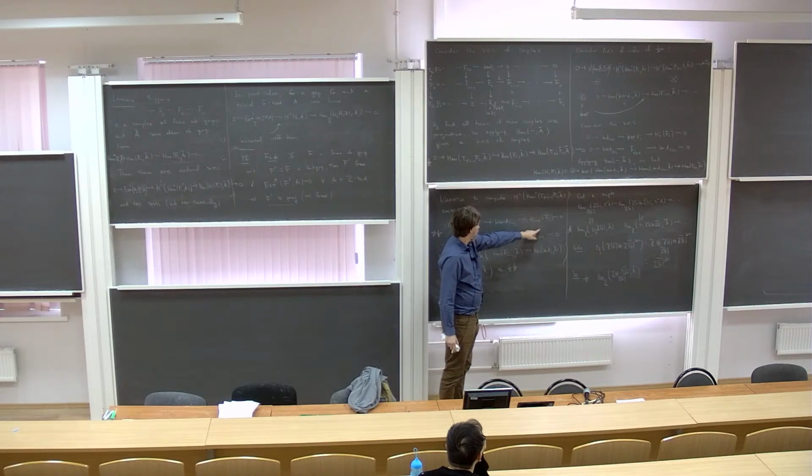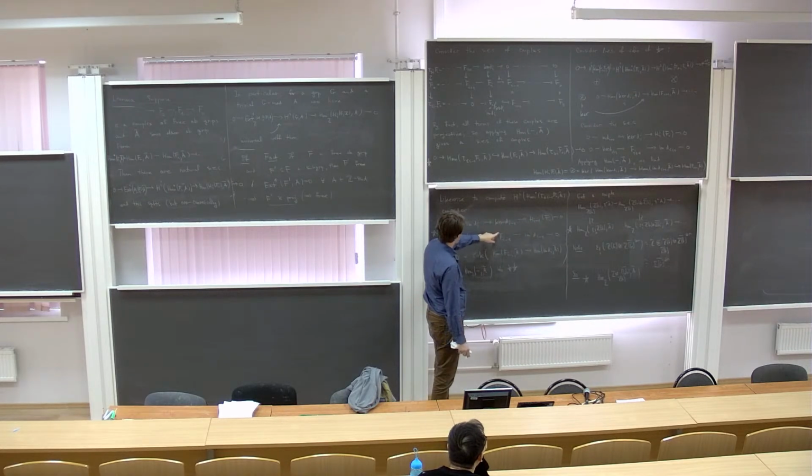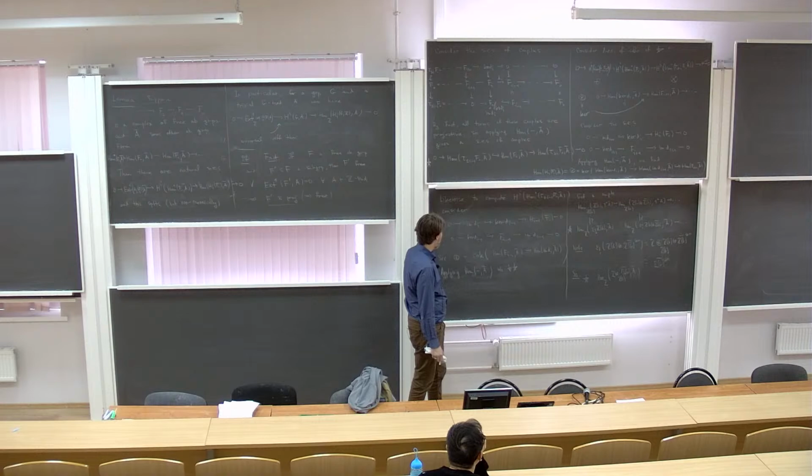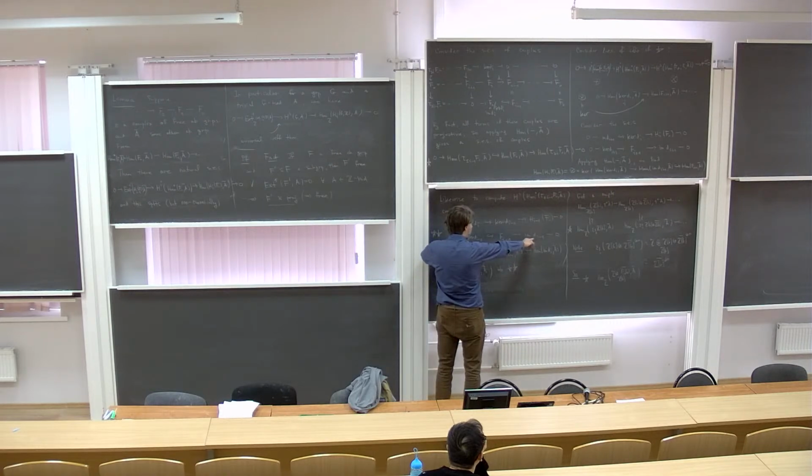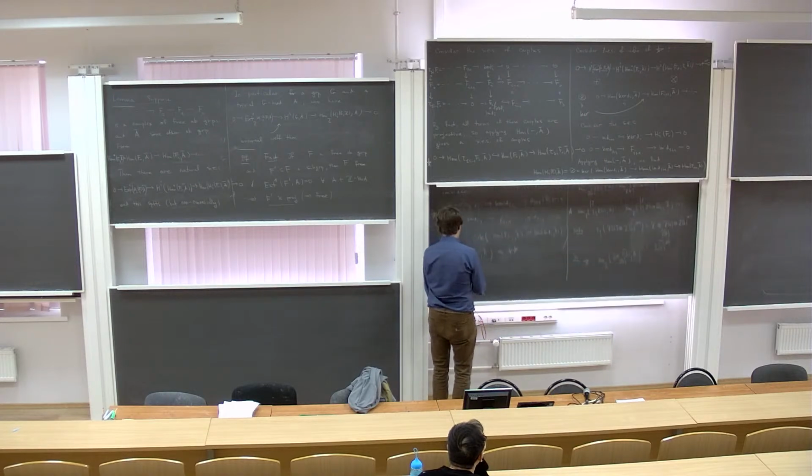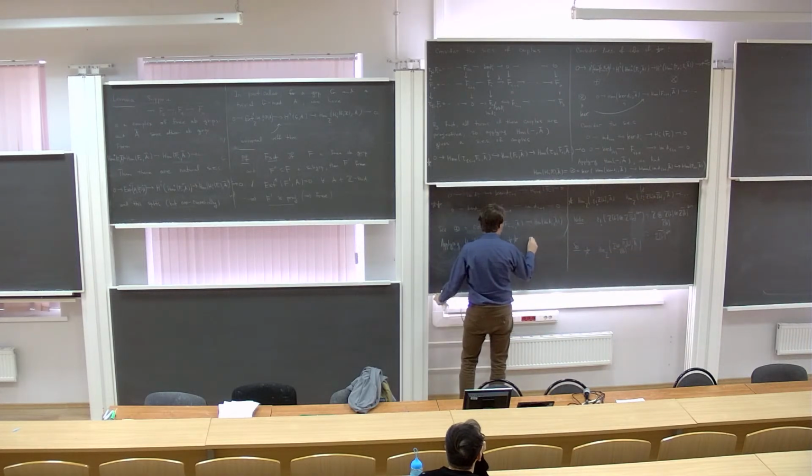I'll have hom A into here, hom A into there, hom A into there, and then some Ext^1 from this into A dual. This term is projective. Okay. So we'll get the following.